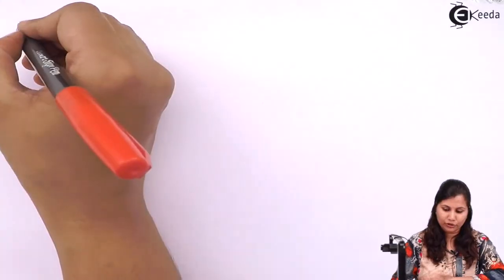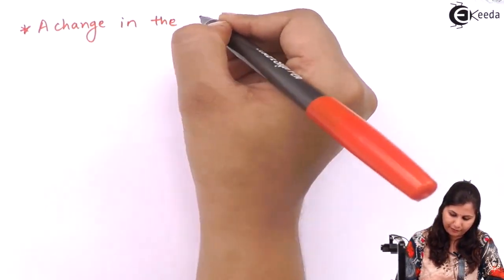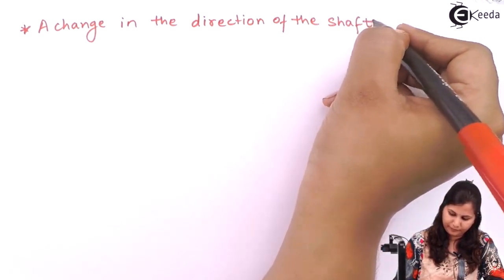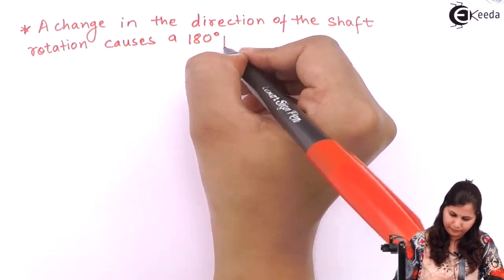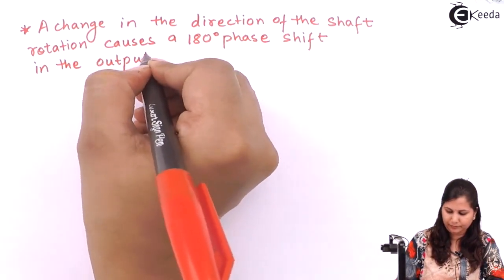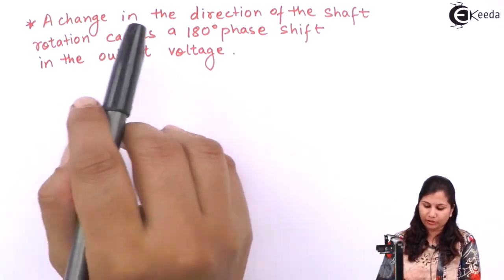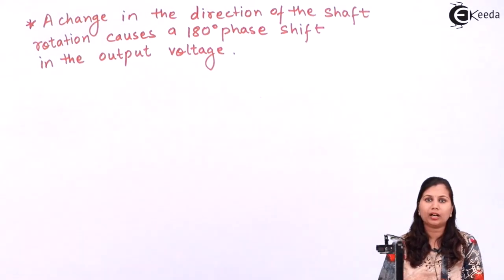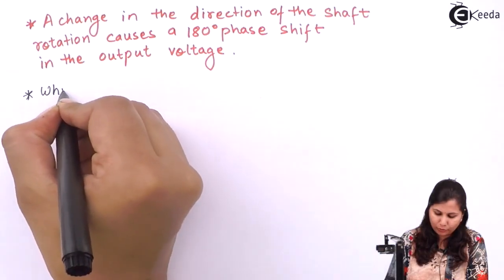So if we change the direction of rotation of the shaft, it will cause a 180-degree phase shift in the output voltage.